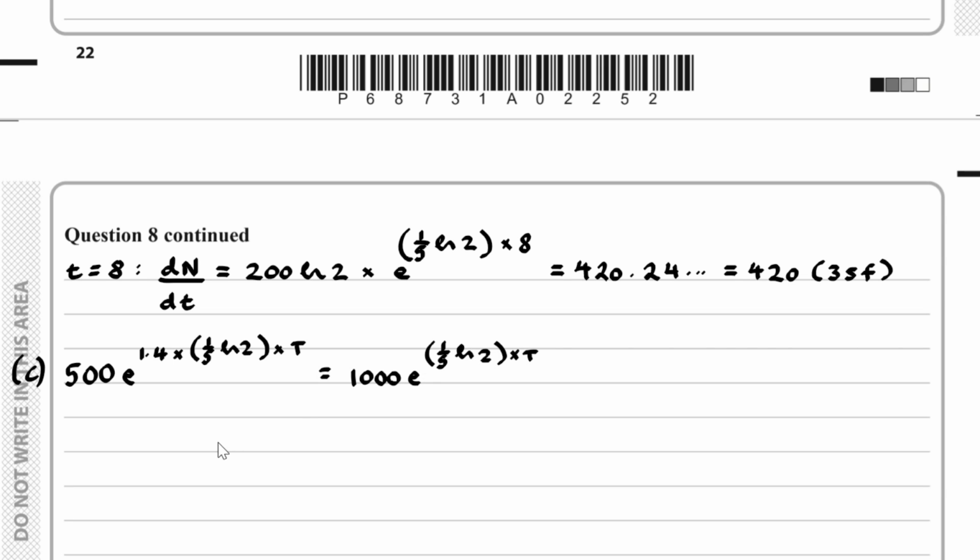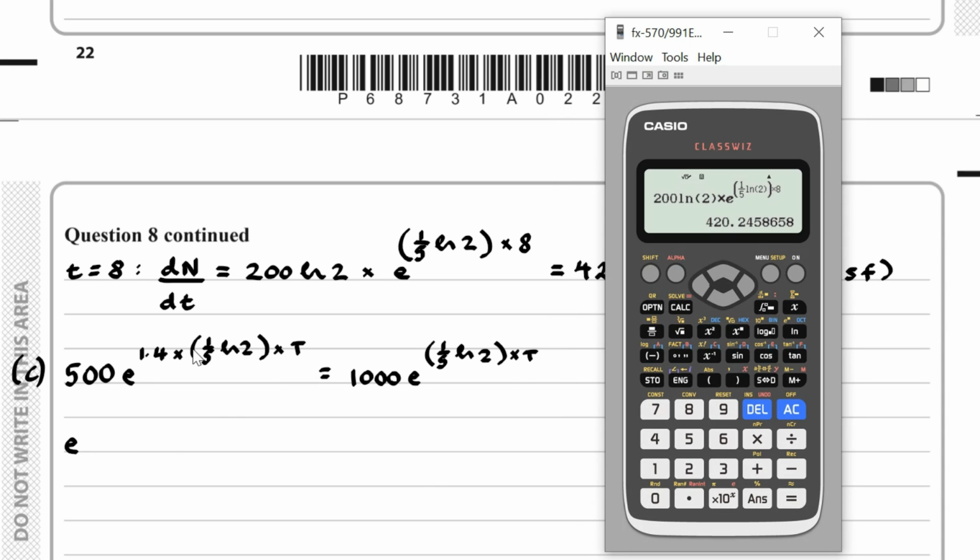We need to find out what t is. So here, if we divide through by 500, we have e to the power of, now we've got 1.4 divided by 5, which is 0.28.